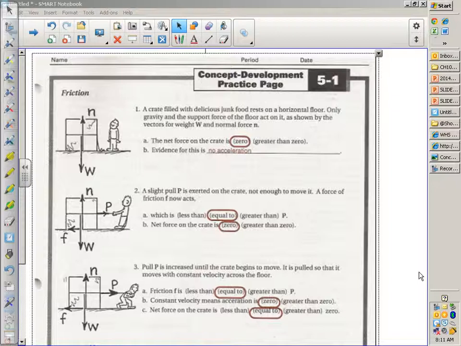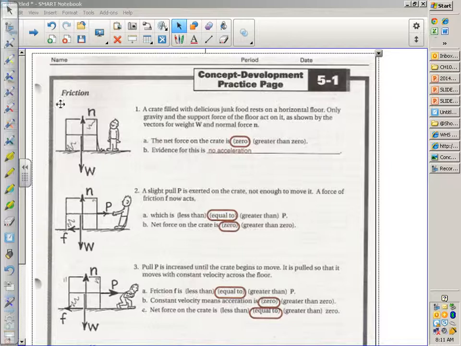So, yesterday, we talked about these 4 situations where this crate was under the influence of a number of forces. And in the first 3 examples, number 1, number 2, and number 3, the crate was constantly in equilibrium.